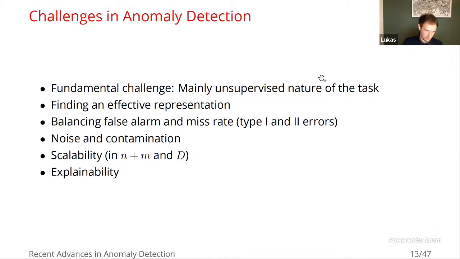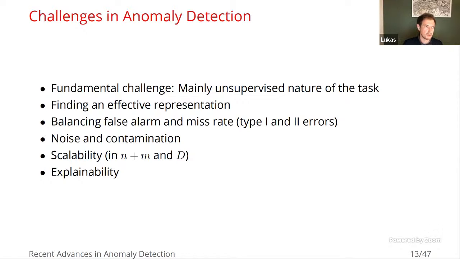And another challenge, of course, depending on the application, is to find a good representation for the problem at hand, balancing between false alarms and miss rate, noise and contamination. And to deal with these, there are different approaches for how to tackle this.